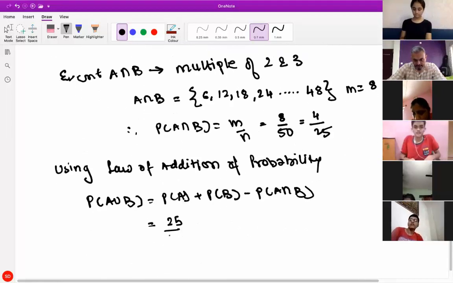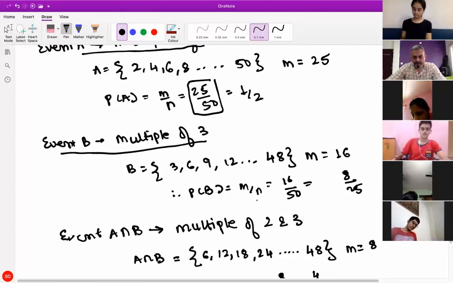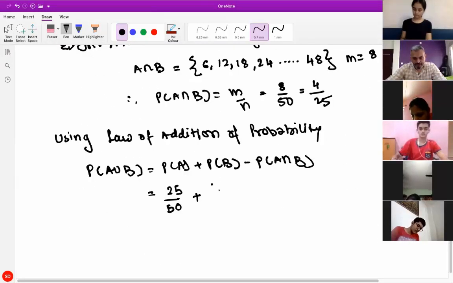So that denominator remains the same, plus probability of B, 16 by 50, minus 8 by 50, which is equal to 33 by 50.